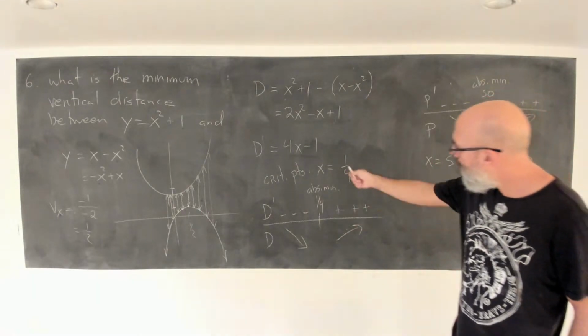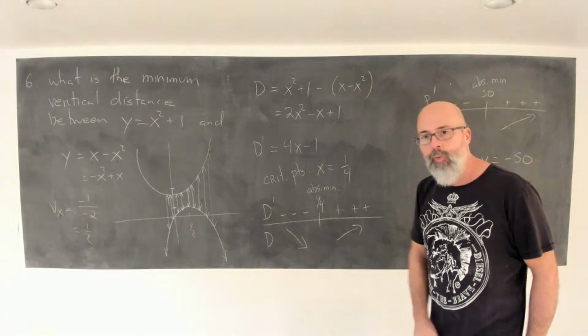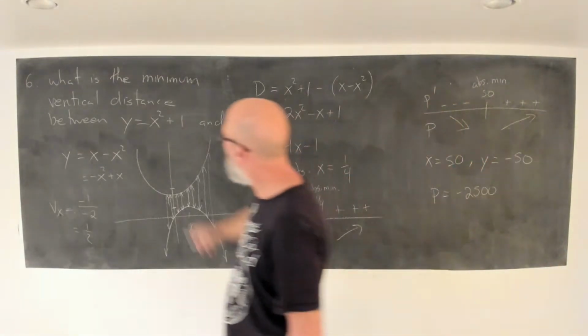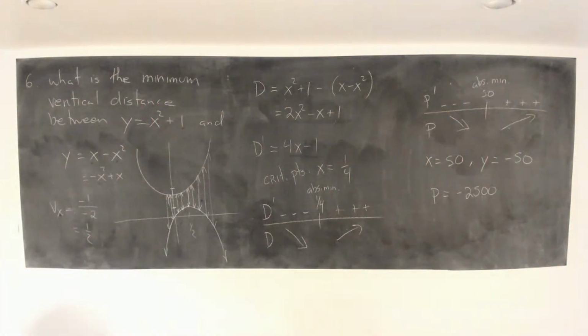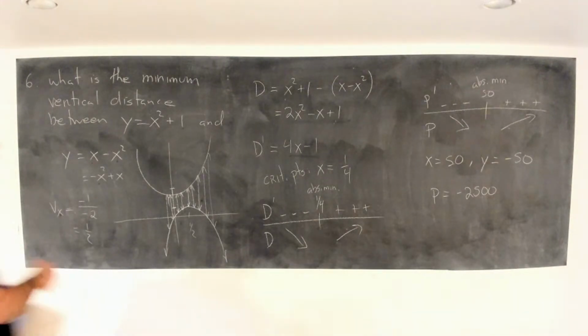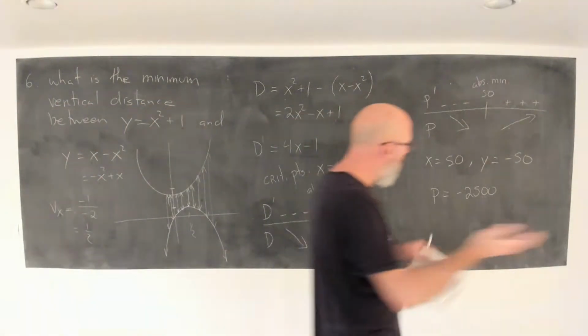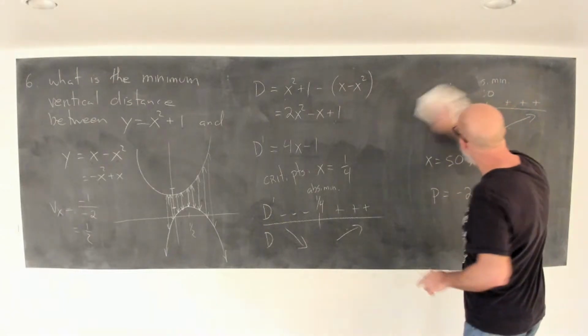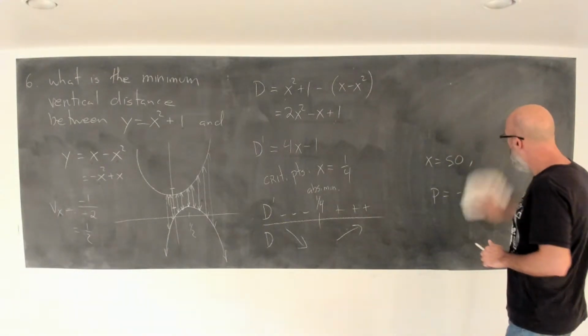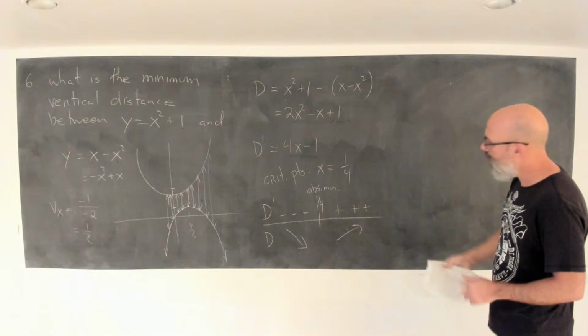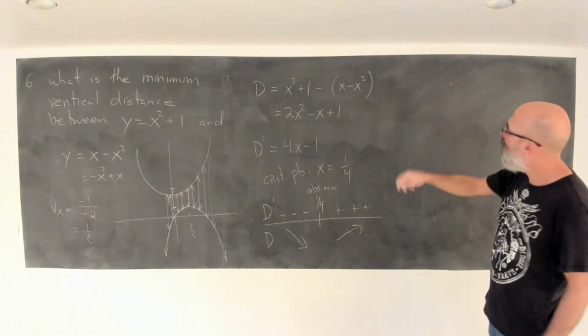But there is a minimum, and it occurs when x is 1/4. The question was, what is the minimum vertical distance? So we have to really answer the question, right? Let's not lose track of what the question is asking.